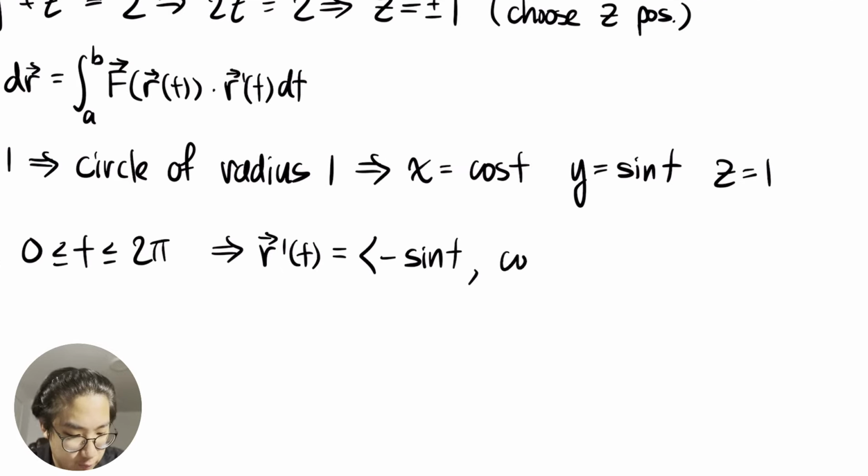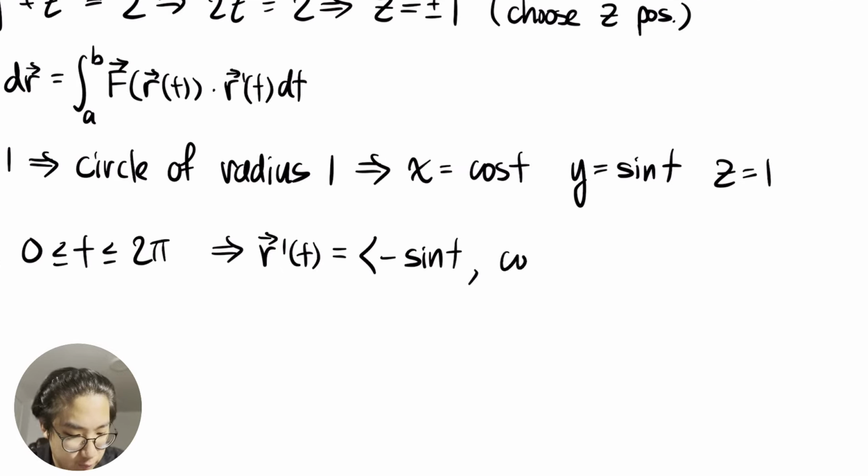And then we're going to use the same strategy where we split up the integral into sums. So we have the integral from 0 to 2 pi of negative sine t cos t dt, and, moving the 1/3 out, the integral from 0 to 2 pi of cos to the 4th t dt.